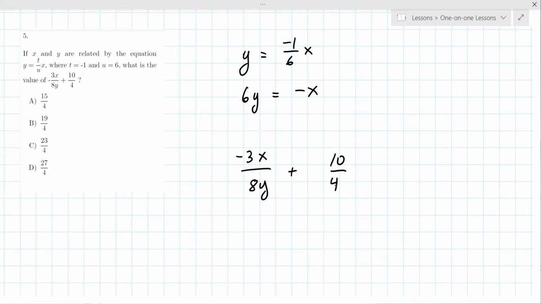And then that's 4, that's 9. So, oh wait, the bottoms don't add, so it's 19 over 4. Yes, the answer is B.